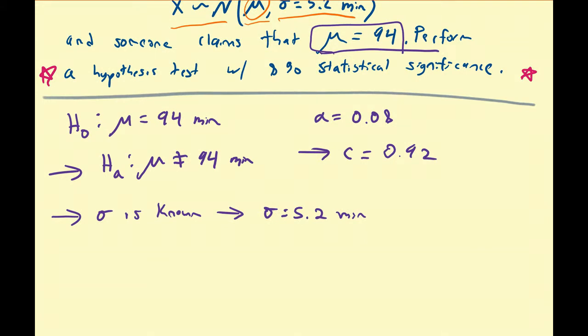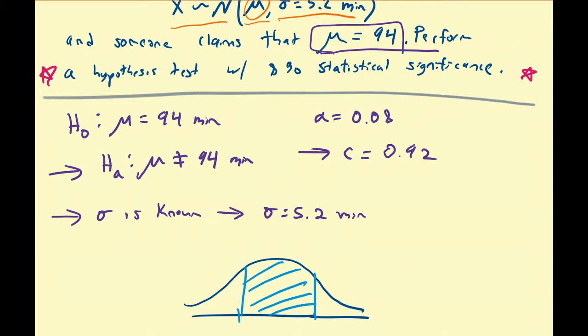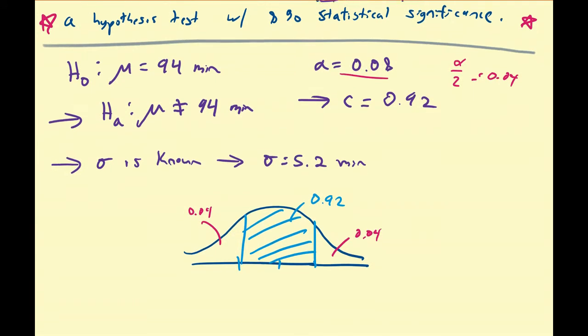For a corresponding confidence interval, let's draw a very familiar picture here. The confidence region is symmetrically distributed within this region, and this area by assumption is 0.92. Since alpha is 0.08, alpha over 2 is 0.04, so 0.04 is here and 0.04 is over here.